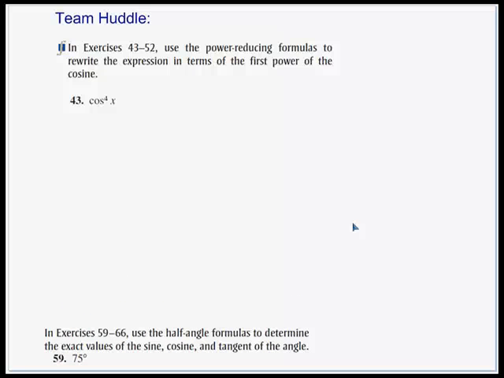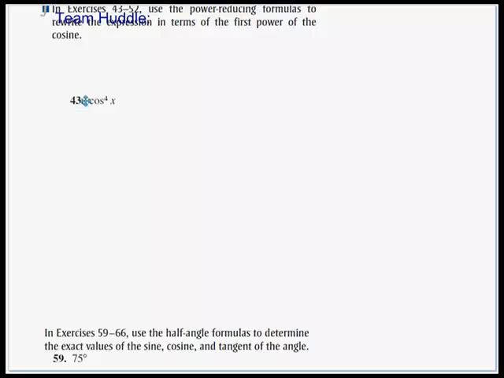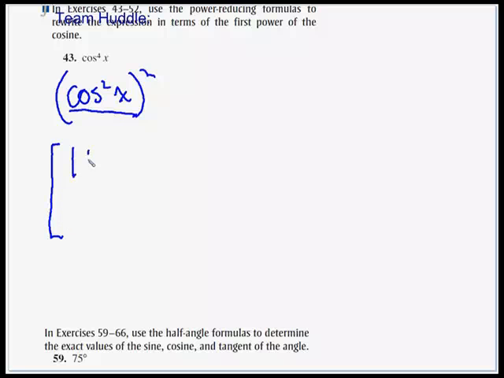Okay, let's see this first one here. Oops, I shouldn't have erased the clue I gave. So this is cos squared, quantity squared. And we replace inside the parentheses here, that cos squared becomes 1 plus the cos of 2x all over 2.